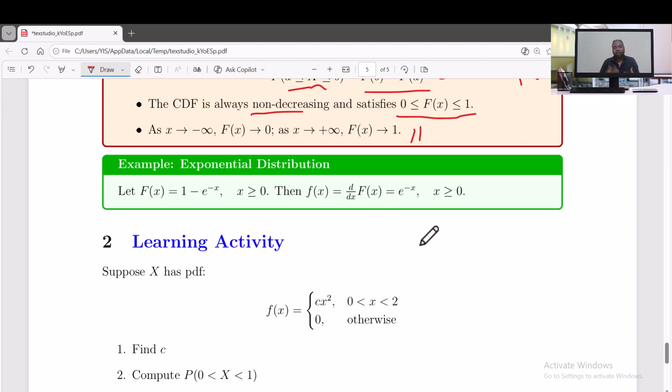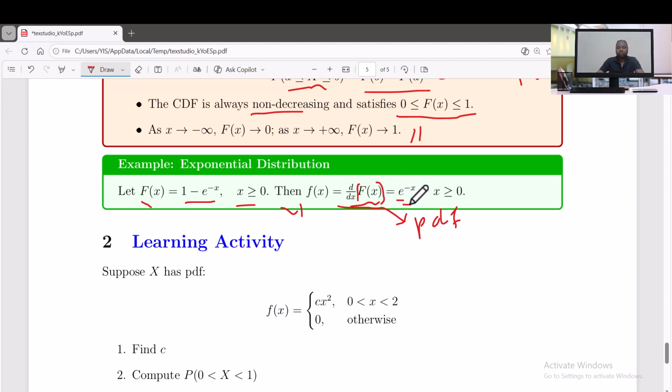And if you have the CDF of any continuous random variable at hand, we can take its derivative to find the PDF, right? For example, the CDF of a given random variable is given by this expression for this interval. Then its PDF can be obtained using this formula, differentiating the CDF.